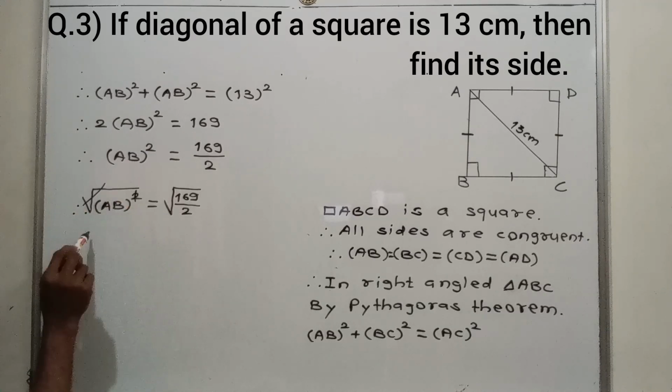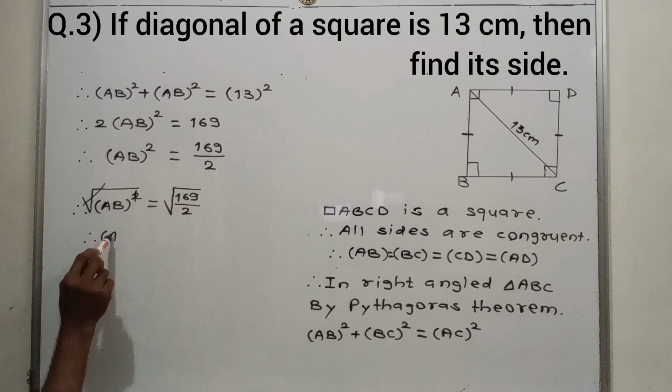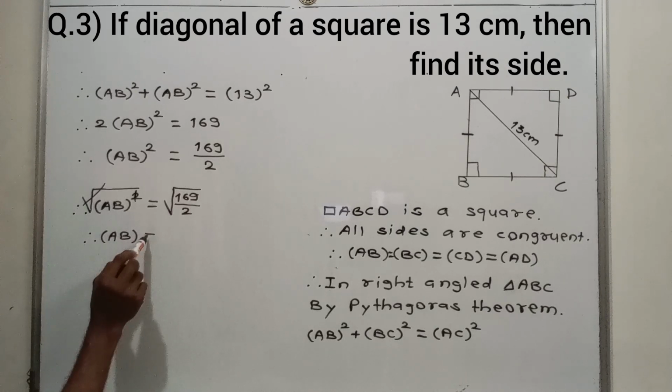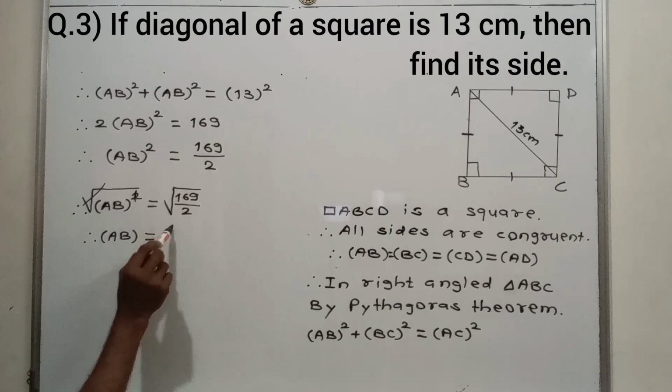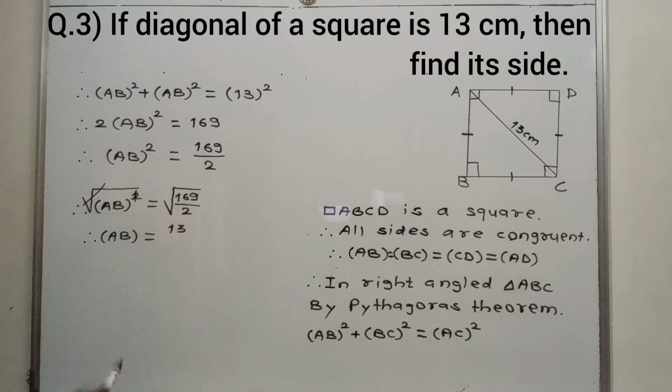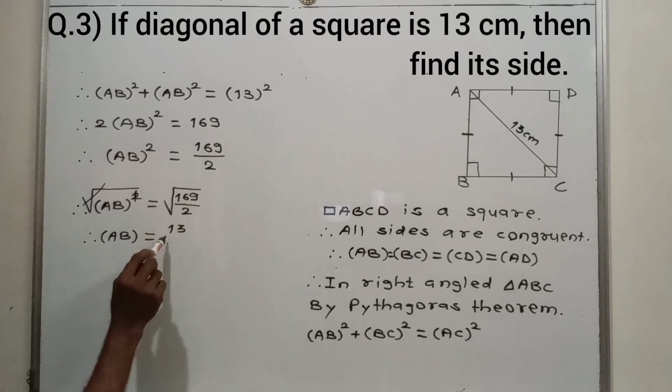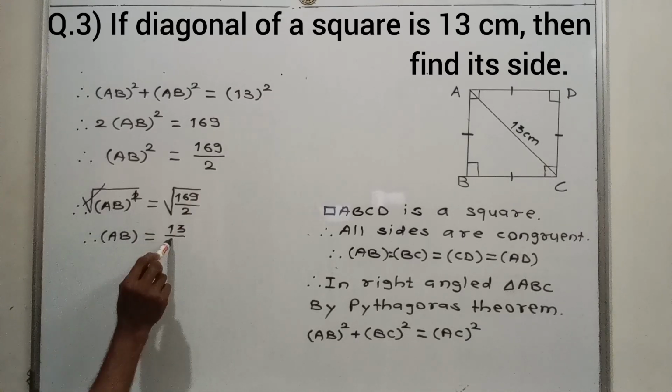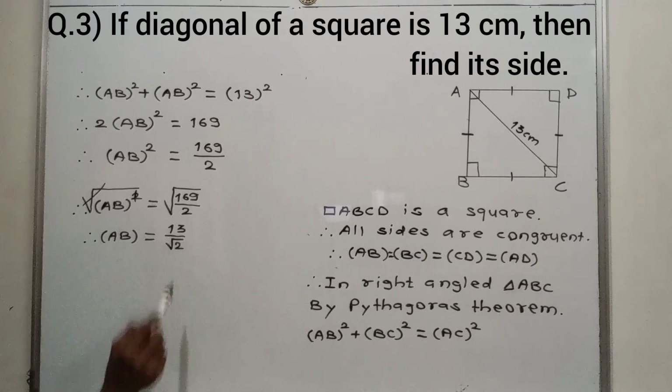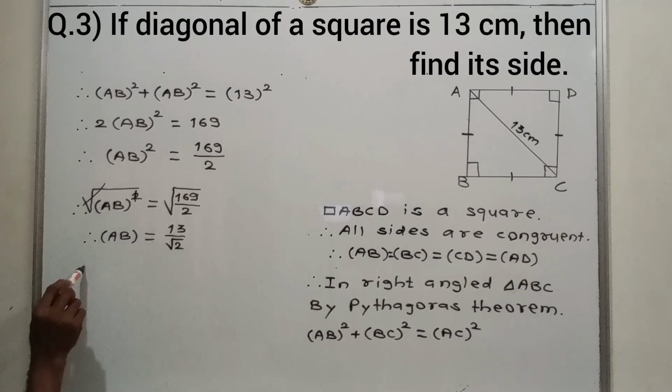Square root and square cancelled. Therefore AB is equal to, we know square root of 169 is 13, upon, we don't know square root of 2, means there is no perfect square root. So we write as it is.